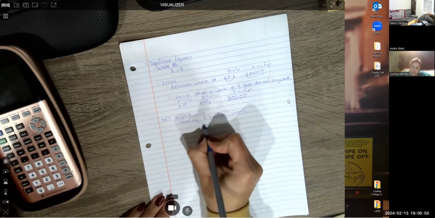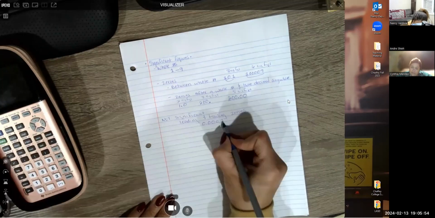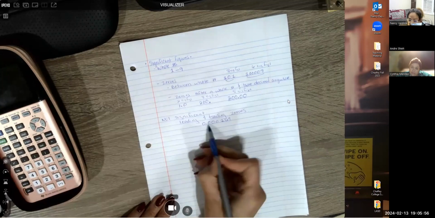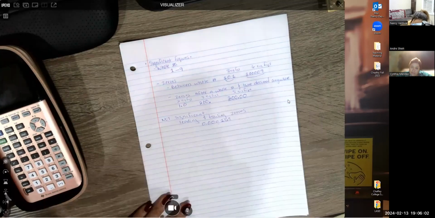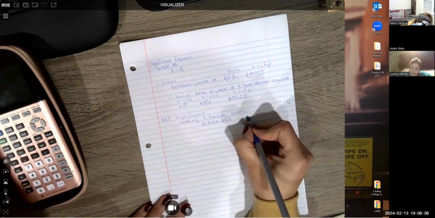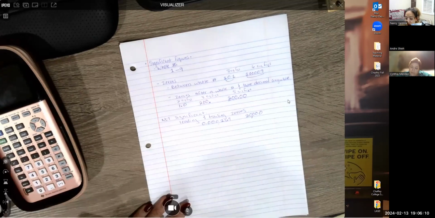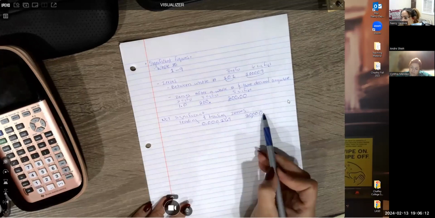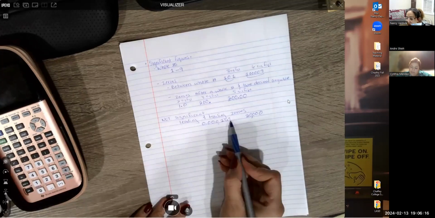Leading zeros are zeros that come before a whole number. So all of these are not significant. They add to the precision, but not to the accuracy of the number. And trailing zeros are, for example, like this. There's a comma, but there is no decimal. So if I look at this number, how many significant figures do we have?